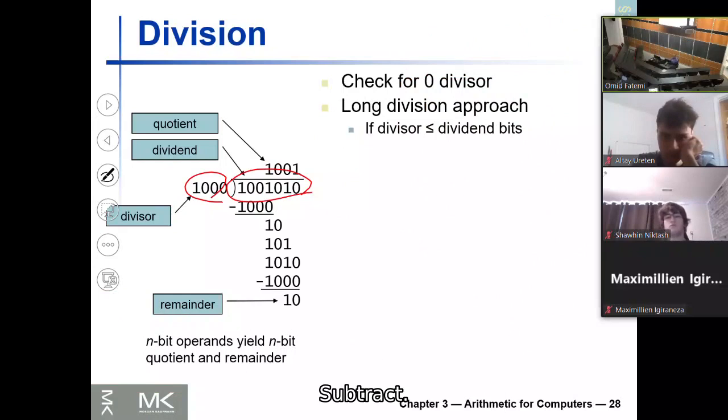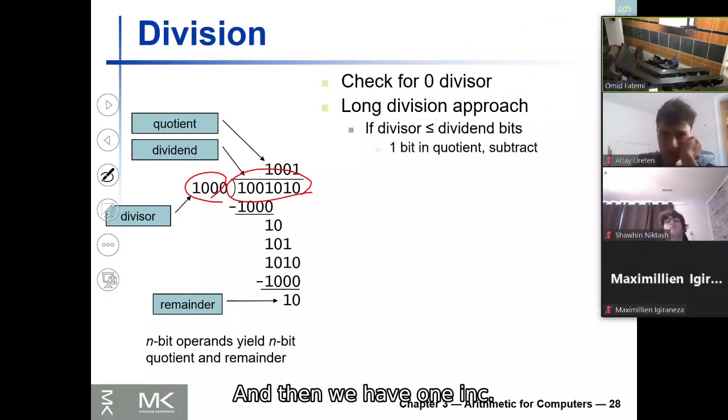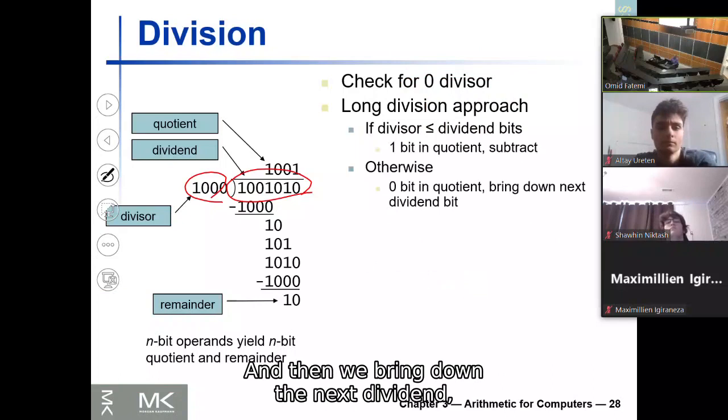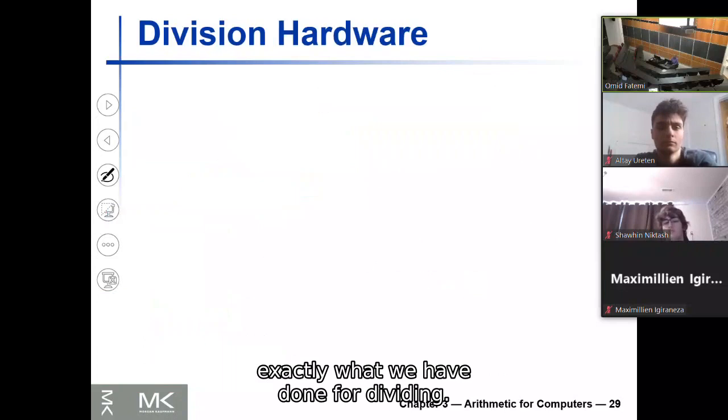So we subtract them, and then we have 1 in the quotient. If it is not, then we have 0 in the quotient, and then we bring down the next dividend bit. Exactly what we have done for dividing.